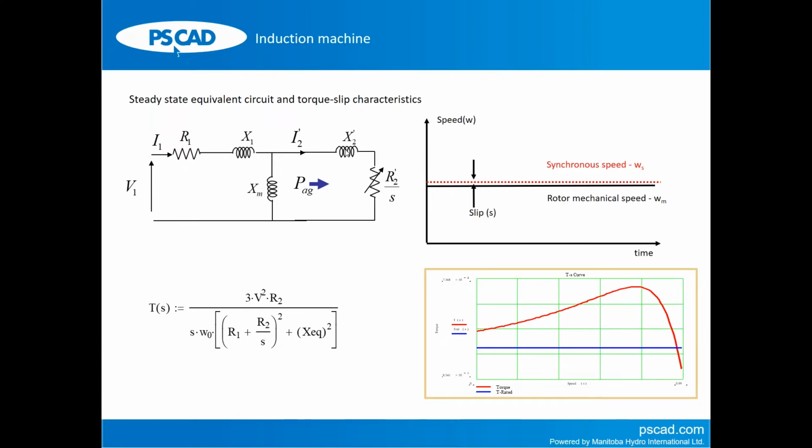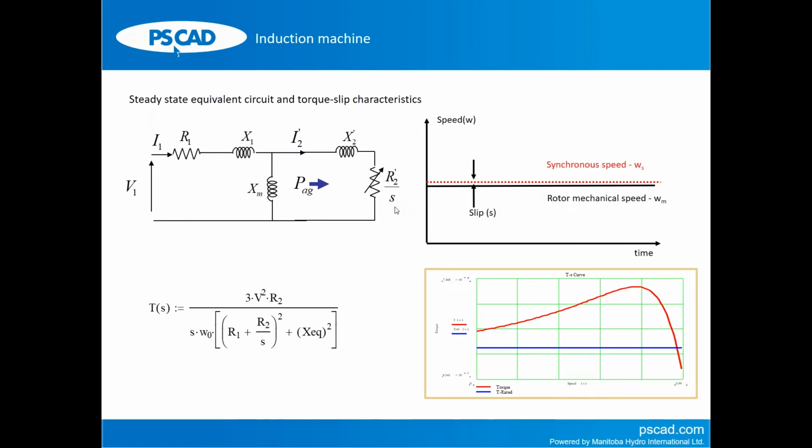X1 and X2 represent the leakage inductance of the windings, stator and rotor. XM is the magnetizing branch, equivalent magnetizing branch. For most discussions, you can actually ignore this XM for most transient discussions. And then you also have in the equivalent circuit this term R2 dash divided by S.